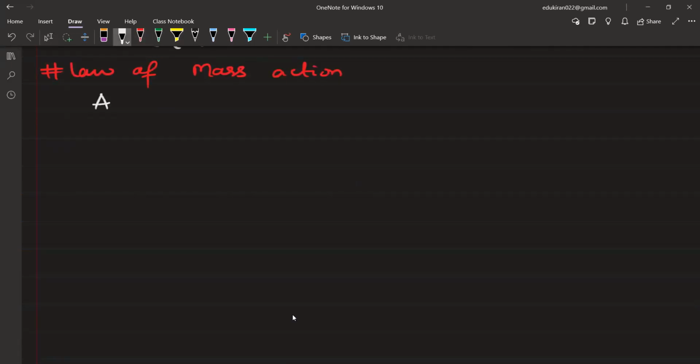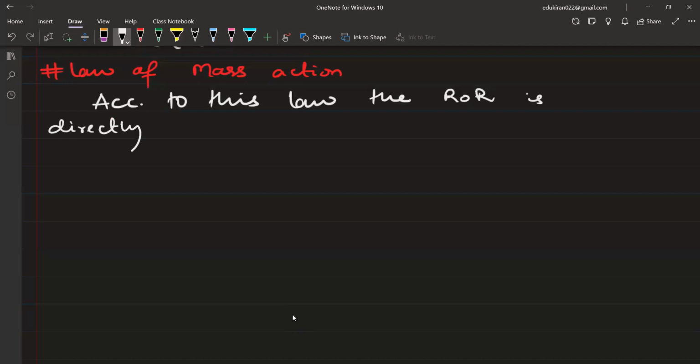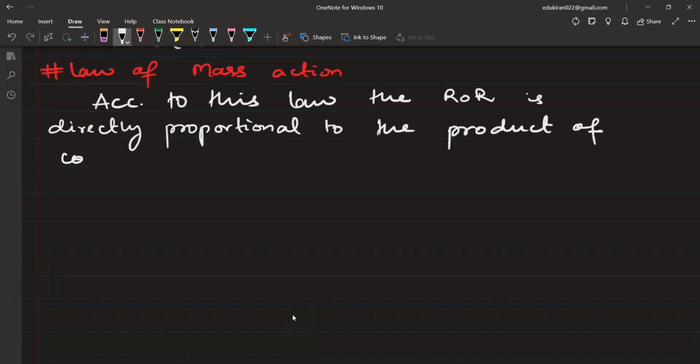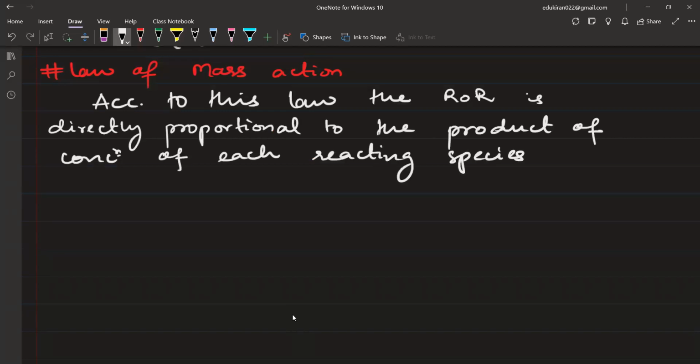According to this law, the rate of reaction is directly proportional to the product of concentration of each reacting species at constant temperature.